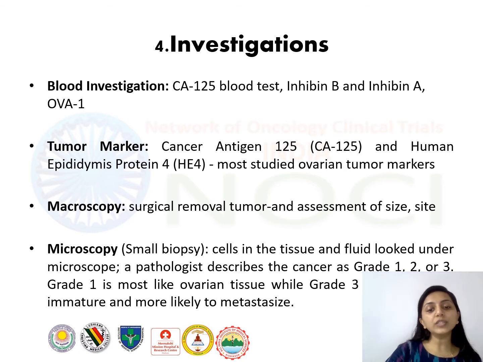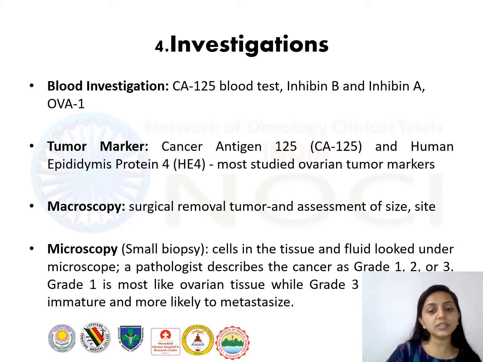Now, on removing the tumor surgically, we have a macroscopic assessment as well as a microscopic assessment. Macroscopic assessment is what we see with our naked eyes. So we can look at the size of the tumor, the shape of the tumor, the site of the tumor, and its typical appearance. The microscopic appearance is seen through the microscope.